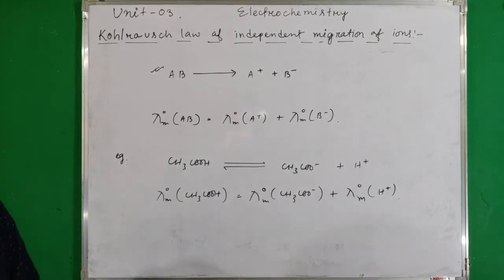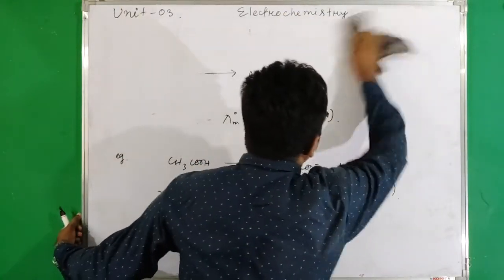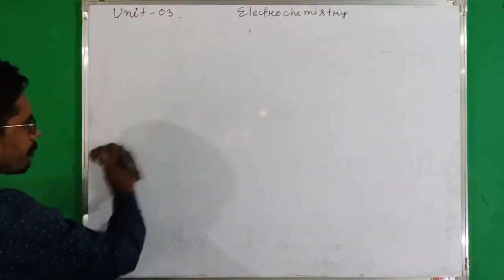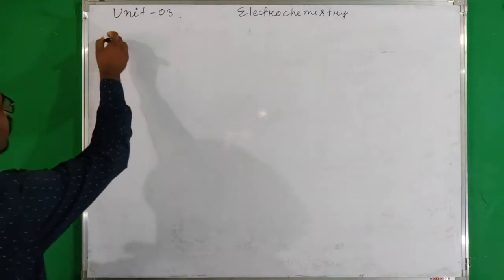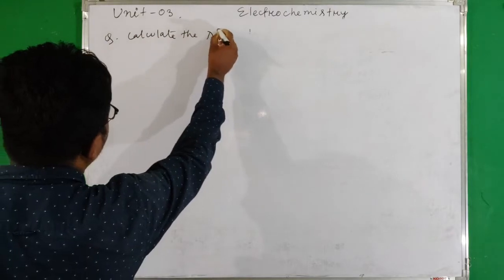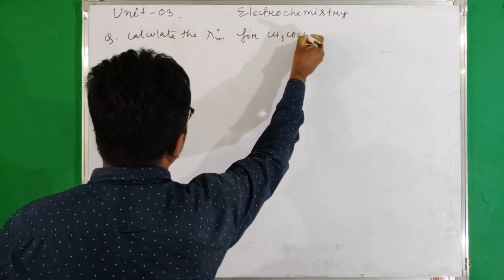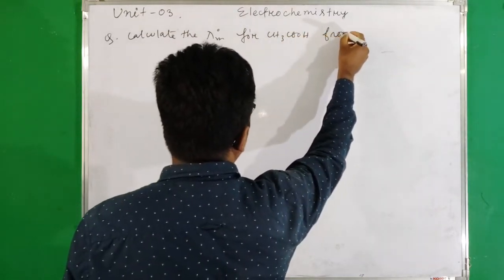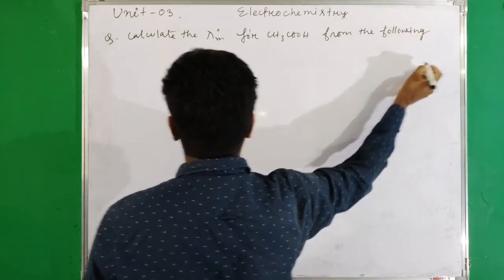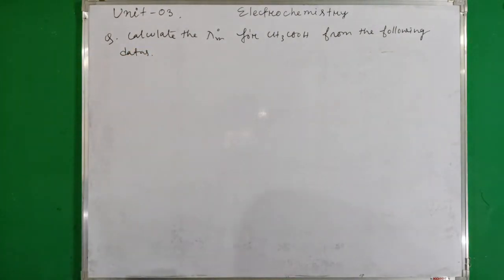Now we will determine the limiting molar conductivity of acetic acid from some given data. The question is: calculate lambda m naught for acetic acid, CH3COOH, from the following data.